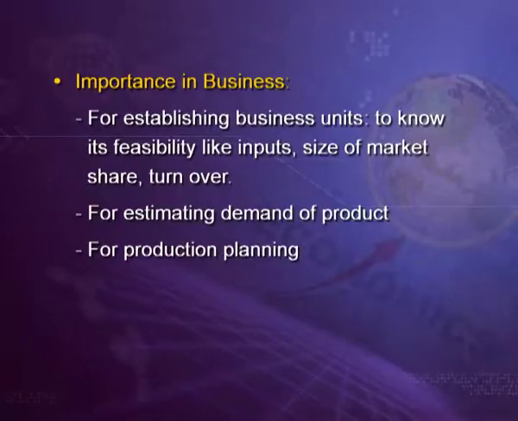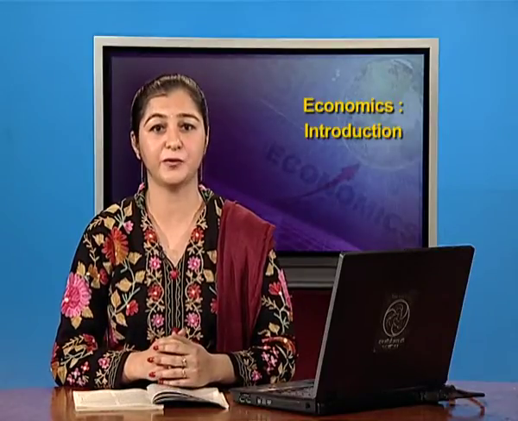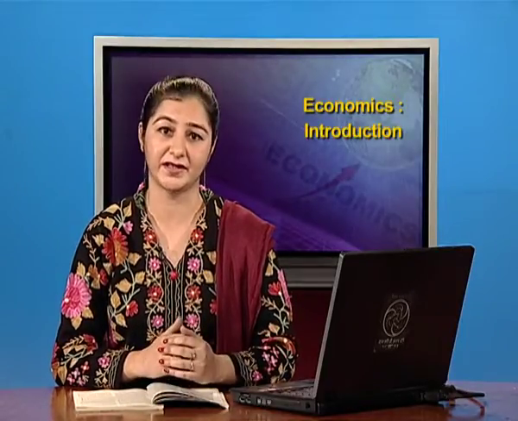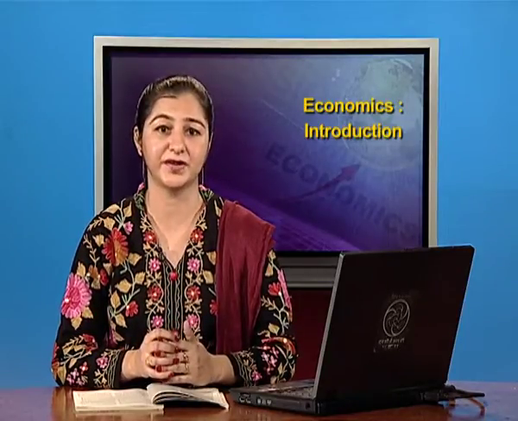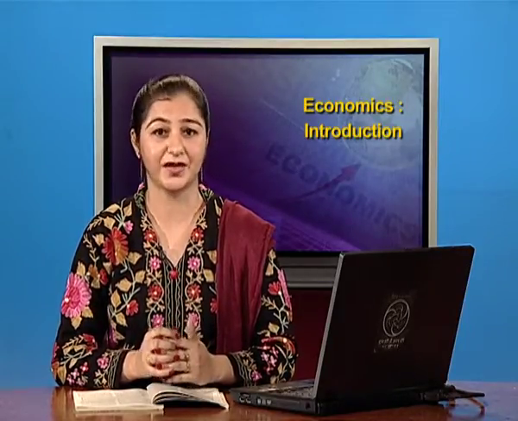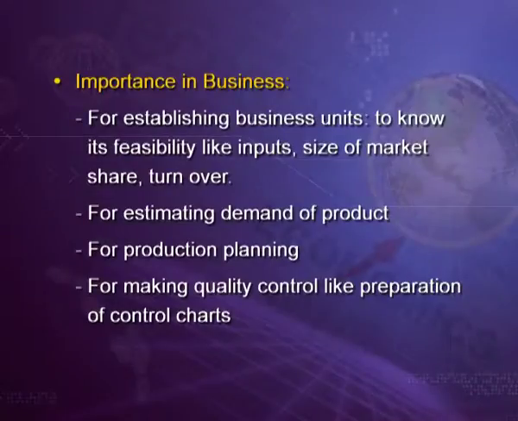It is one of the most crucial aspects in any business unit that they need to plan their production beforehand, so that any kind of shortages or surpluses may be avoided. This can be done by using statistics only. Quality control, like the preparation of control charts, can also be done with the help of statistics.